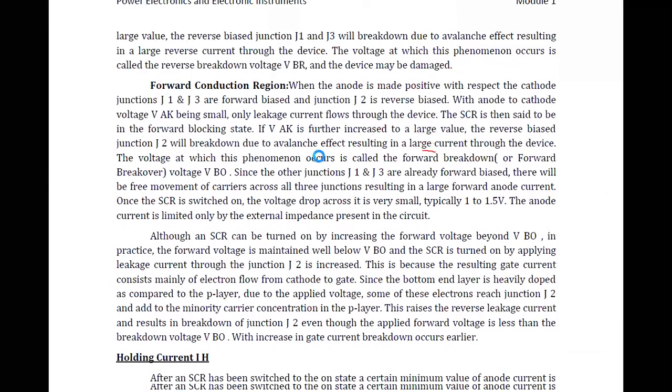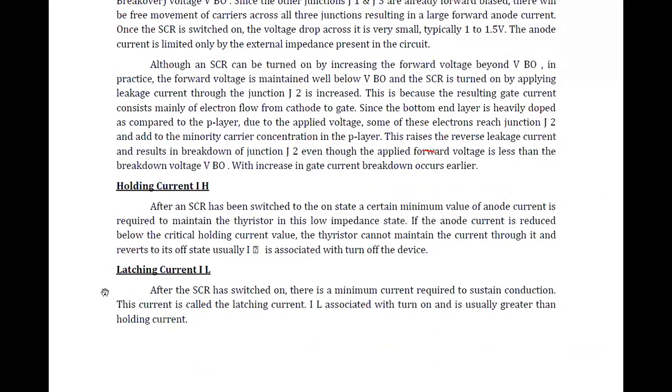The second definition is nothing but latching current. So what is latching current? Again, it is the minimum current required for an SCR to switch on or to be in the forward conduction region. If your current is not minimum, then your SCR will be in the forward blocking region.